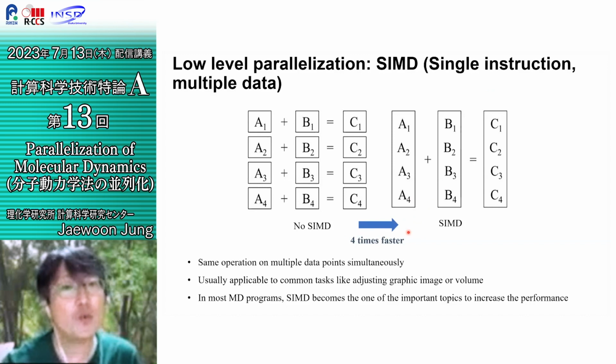But one floating point, single precision, or integer is 4 bytes. So the register is 16 times larger than 4 bytes, which means that we can do just 8 additions at once.